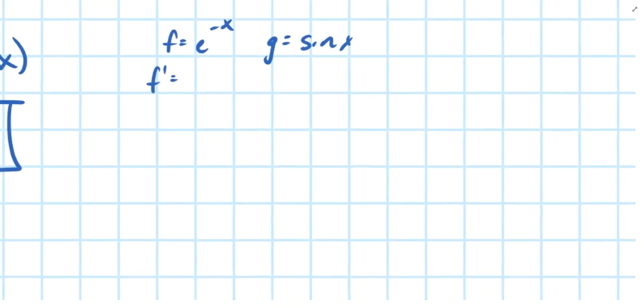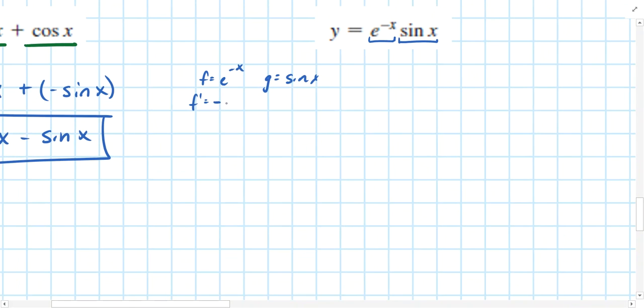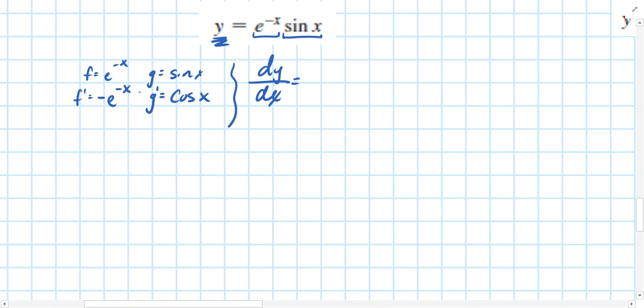So for the derivative of e to the -1 times x, we end up with -1 times e to the -1 times x. And for our derivative of g, the derivative of sine, we've already said, is cosine of x. So when finding the derivative of y with respect to x, we'll multiply across this diagonal first.